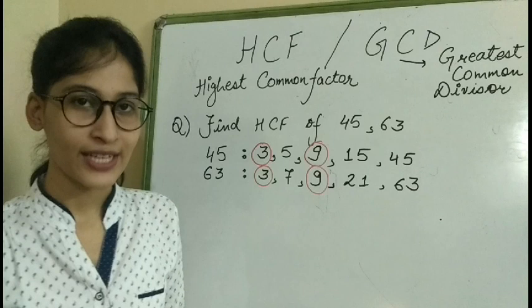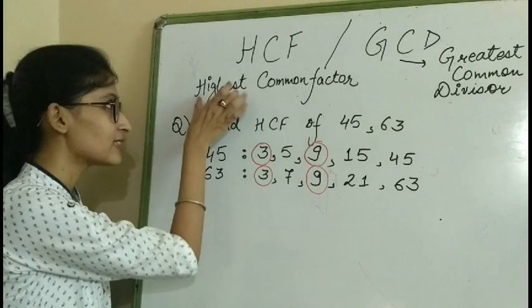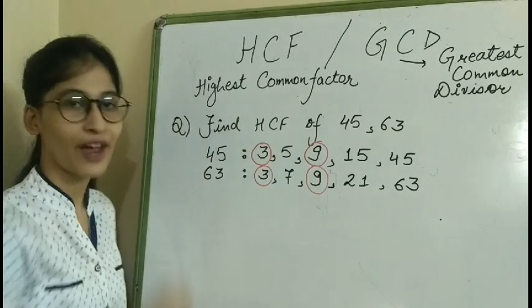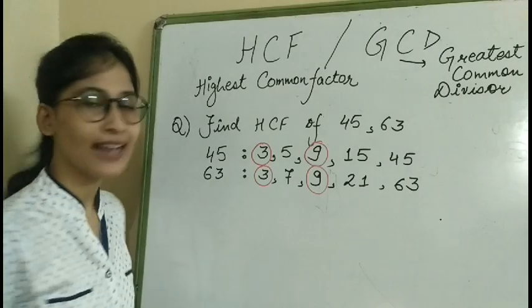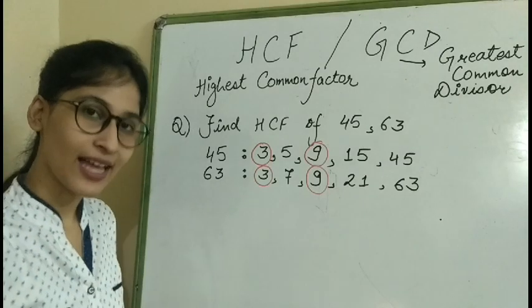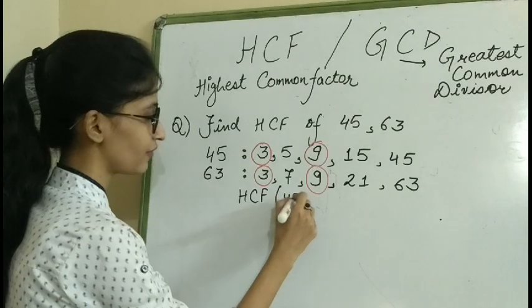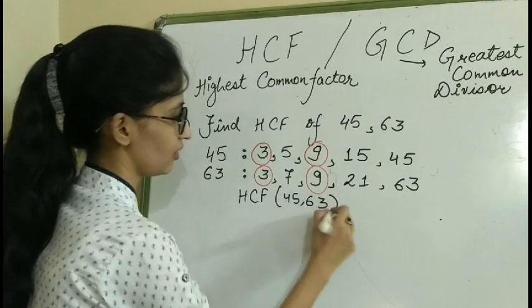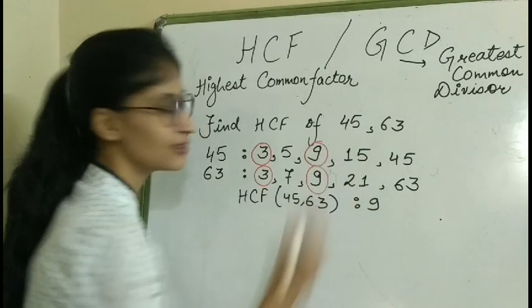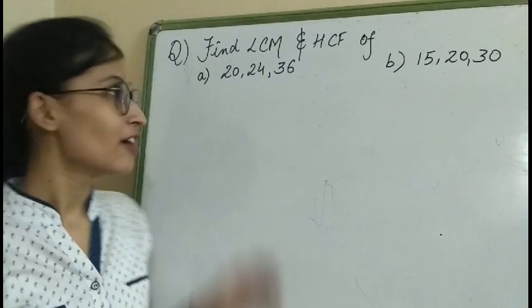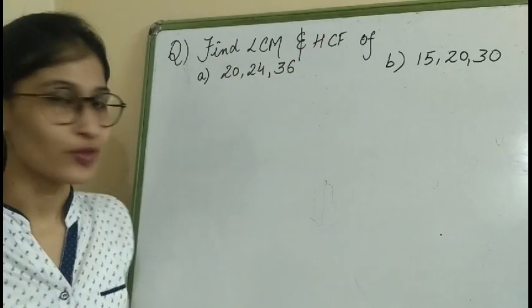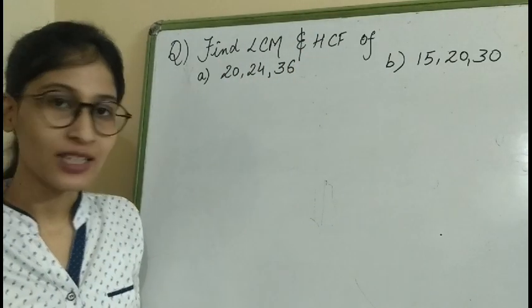Now in the case of HCF, we have to select the highest out of the common factors. So out of 3 and 9, the greatest is 9. So the HCF of 45 and 63 will be 9.